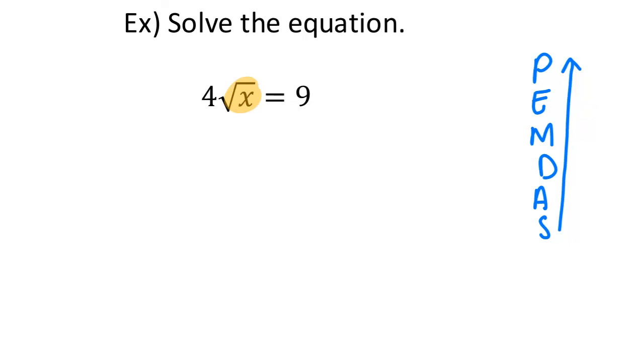No. But do I have a multiplication or division? That's 4. What's the operation in between? That's 4 times the square root of x, right? So what's the inverse of multiplying? Division. So then I need to divide both sides by 4.